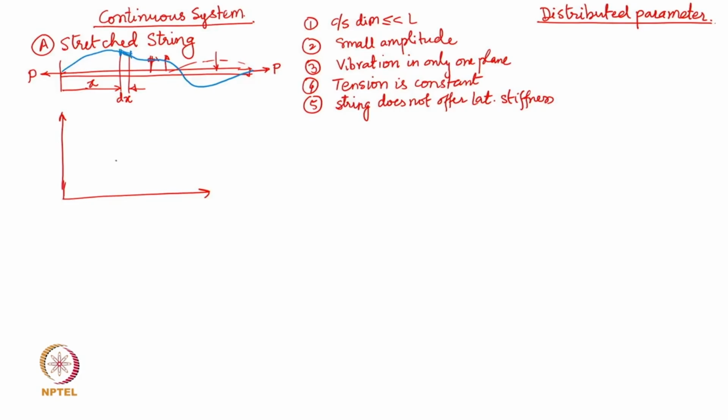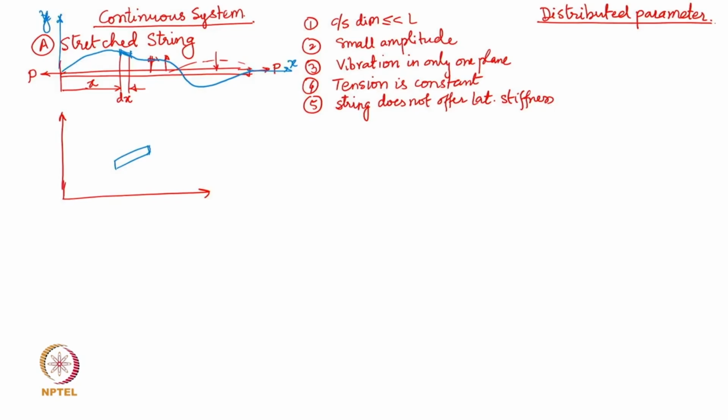I am going to assume that this small element of length dx is considered in the plane of its vibration. Sorry, this is going to be direction x and this is going to be direction y, along which it is going to vibrate.